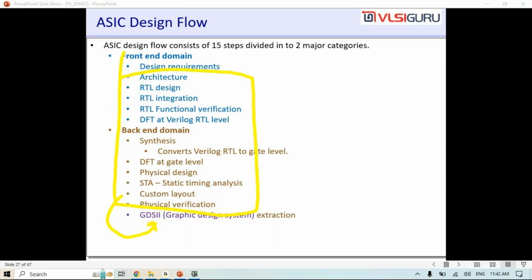Same thing, the way a movie is captured in an MP4 file, my entire chip information is defined in GDS: where the substrate will be, where the source should come, where the drain should come, where the metal should come, where the polysilicon should be deposited, how much doping to do. That's why we call it Graphic Design System. It will show as a graphic design what to do where. So once you have that file, you can manufacture the chip.